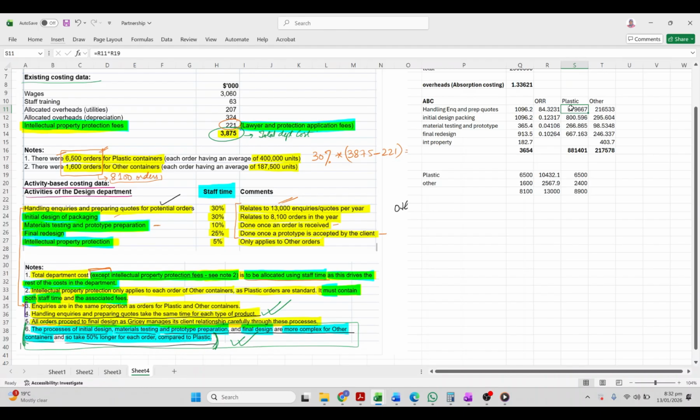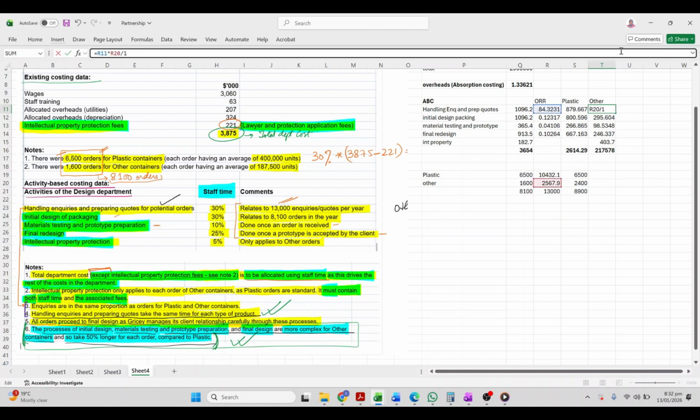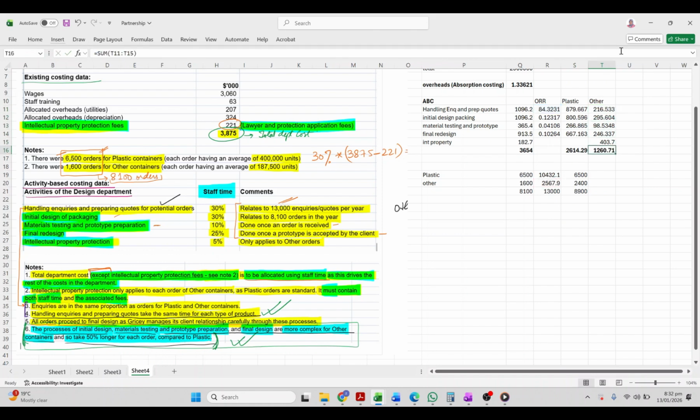The problem is that these figures are in, not in thousand, right? So okay, now it makes sense. It's 3875. Perfect.